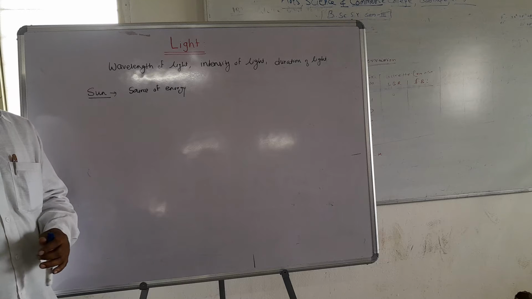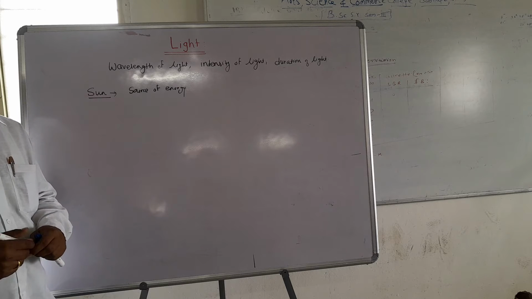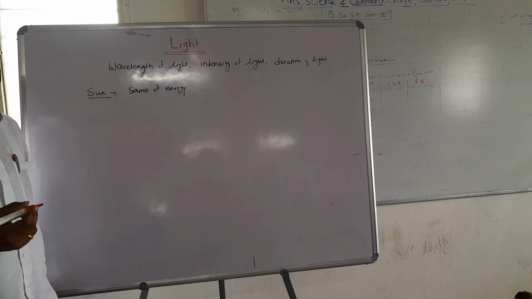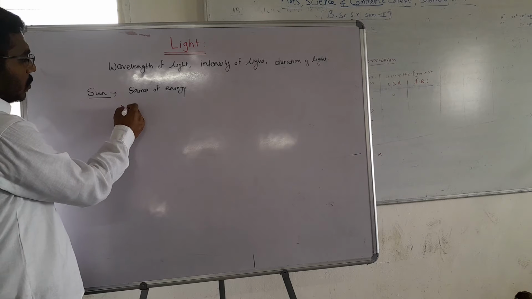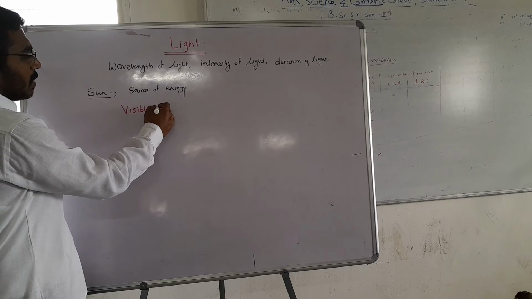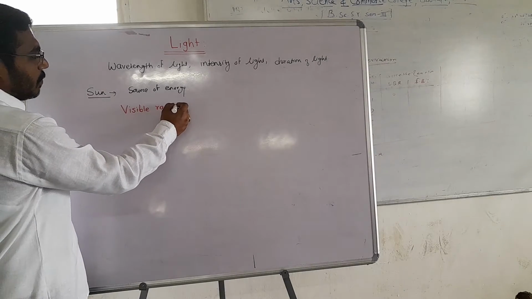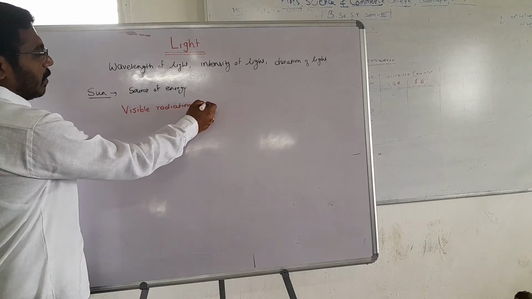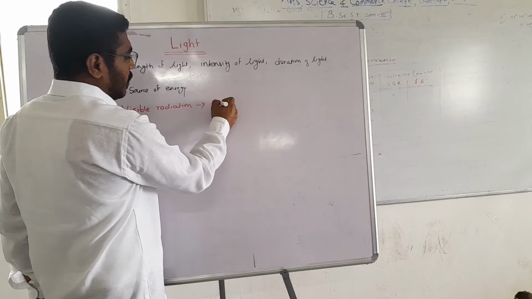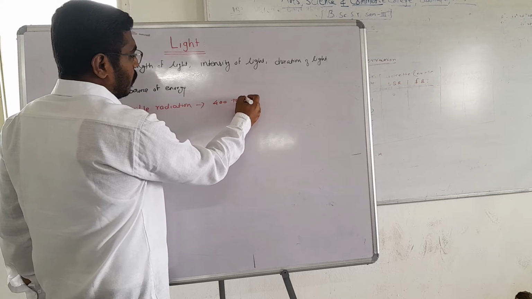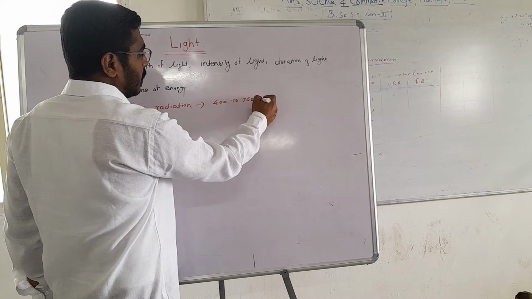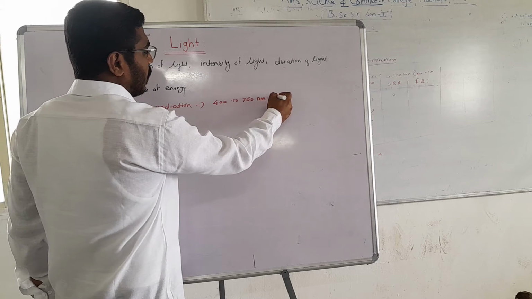Now, the most useful or powerful source of light, that is the sun, includes visible rays or visible radiation. That visible radiation is in between 400 to 700 or 760 nanometer wavelength.